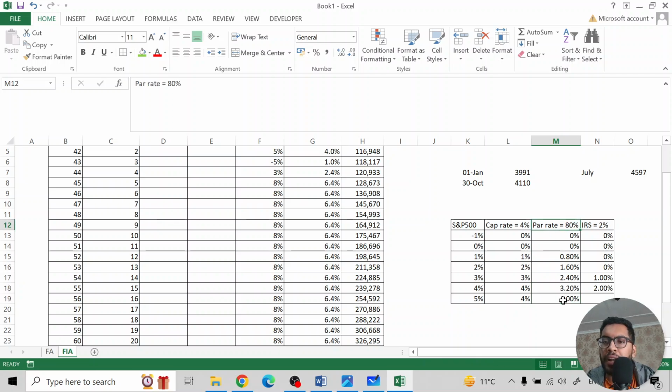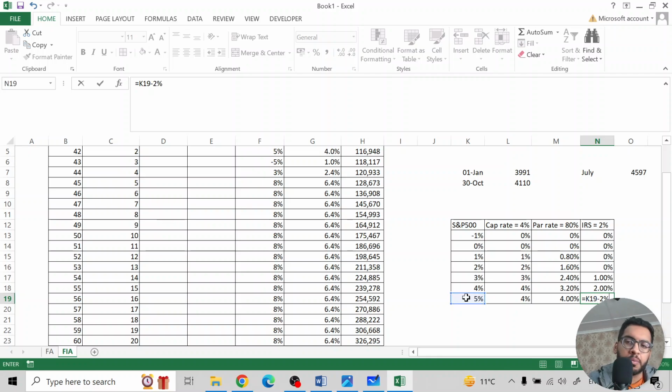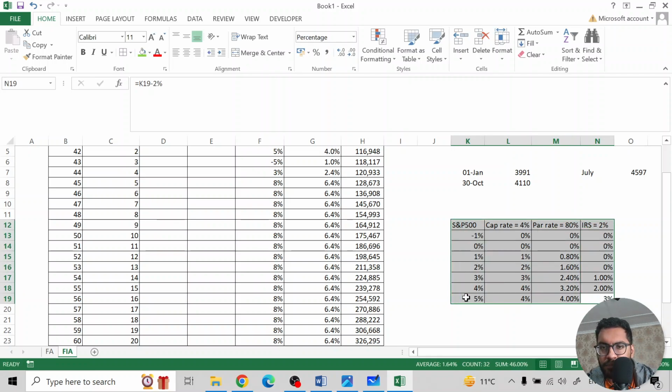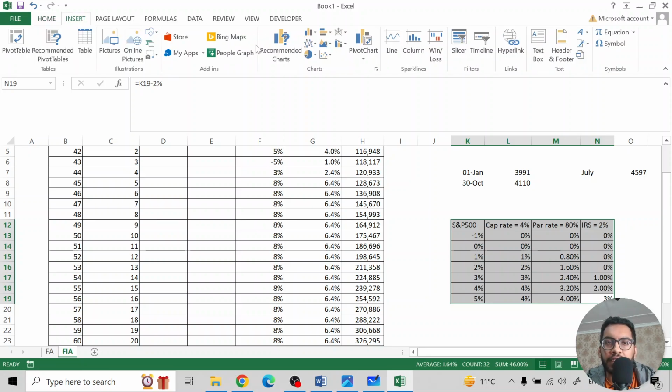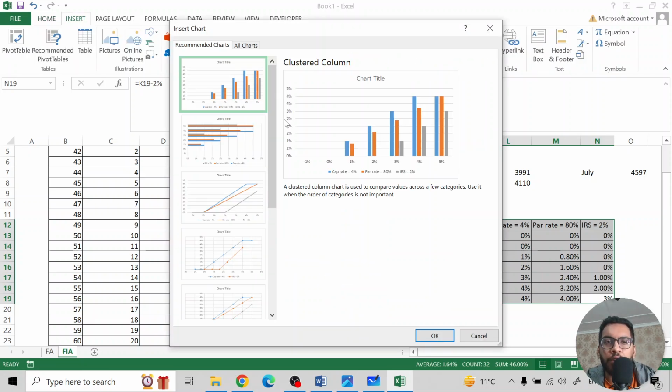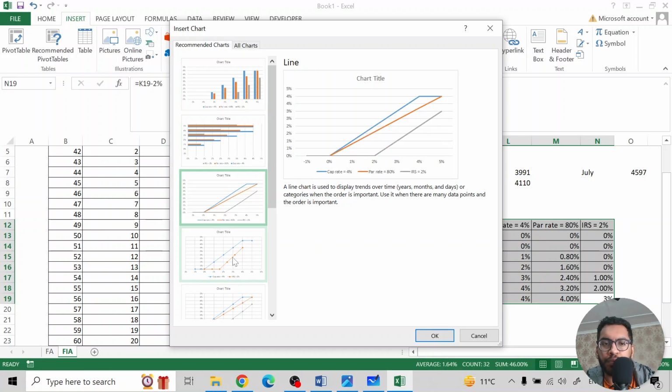In case of a participation rate, it will be 4%, basically 80% of 5%. Then 5 minus 2% will be 3%. So these are the different methods through which you can see how the interest is being accumulated to you.